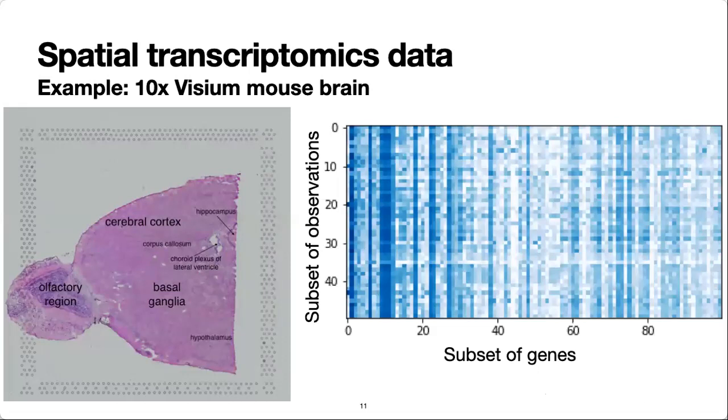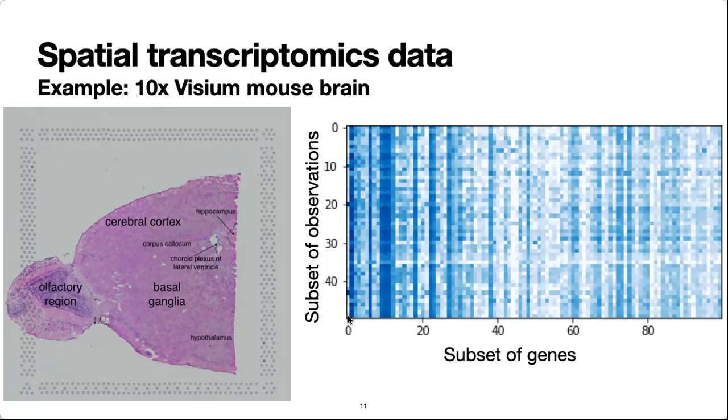Here's an example of a very commonly used public spatial transcriptomics dataset. It's an anterior sagittal section from a mouse brain. Here I'm showing a very low count of 0 as white and a high count as a darker blue color.